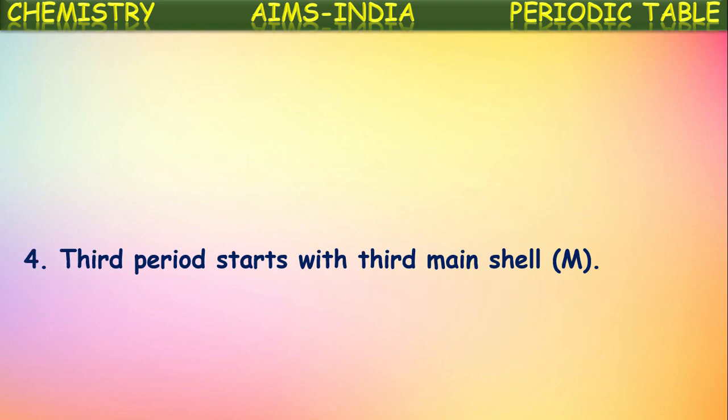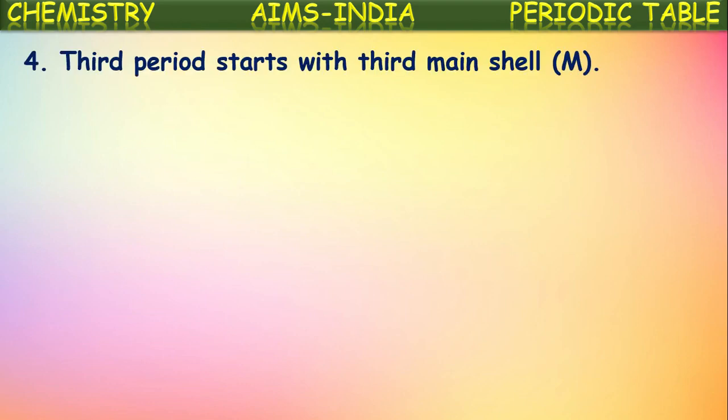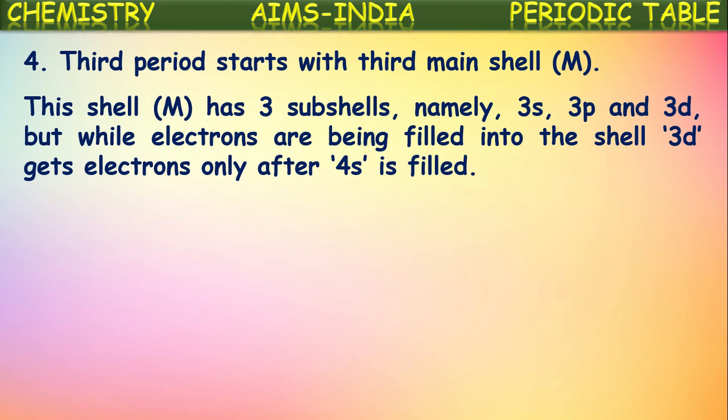Next, the third period. The third period starts with the third main shell, the M shell. This M shell has three subshells, namely 3s, 3p and 3d. But while electrons are being filled, the 3d subshell gets electrons only after filling the 4s subshell.